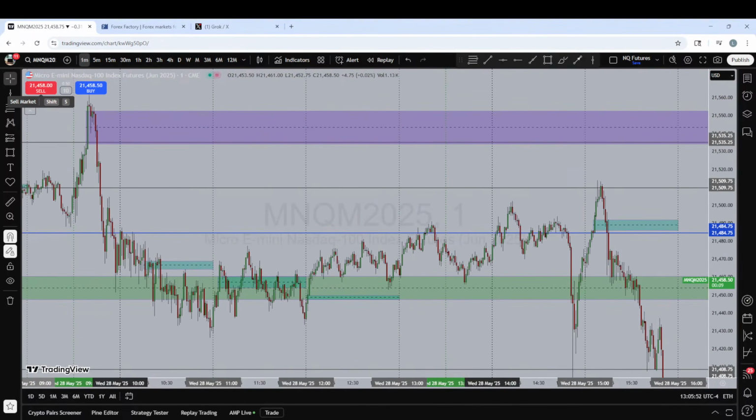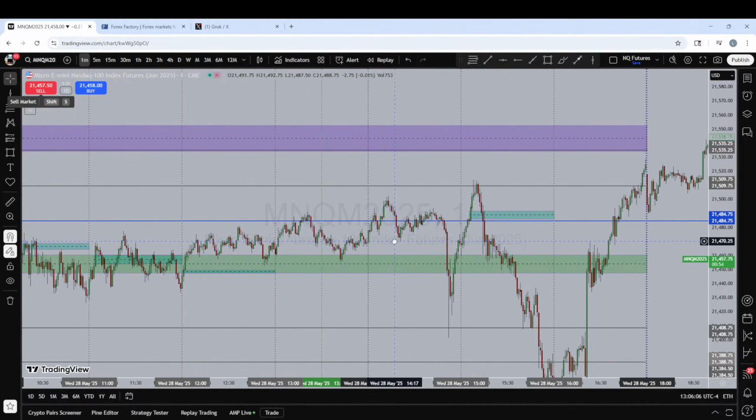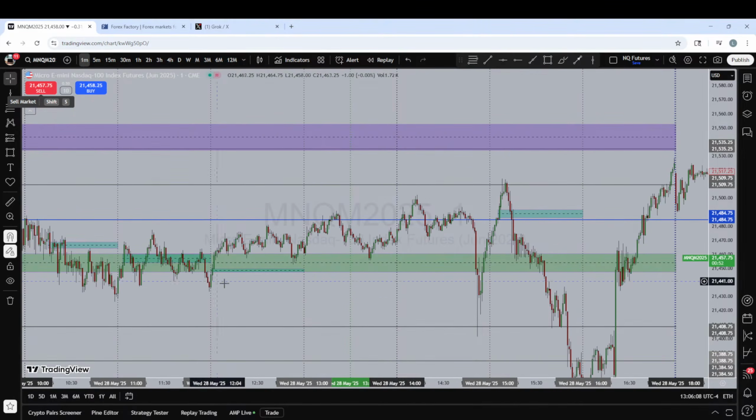I explained why this happened. This is the 9:30 a.m. first percent fair value gap for yesterday, Wednesday the 28th. Price dropped, lingered here, and remained in a range. I said this at 11 o'clock, which is 2 p.m. New York time, 11 o'clock California time, right here, FOMC came out.